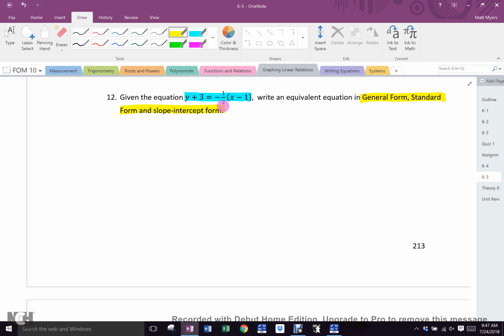Do you understand what I'm saying? Work with your neighbor, try to sort it out, go. Okay, again, there's no right order to do this in, okay? But here's the way I would do this. I always start by going to slope intercept.